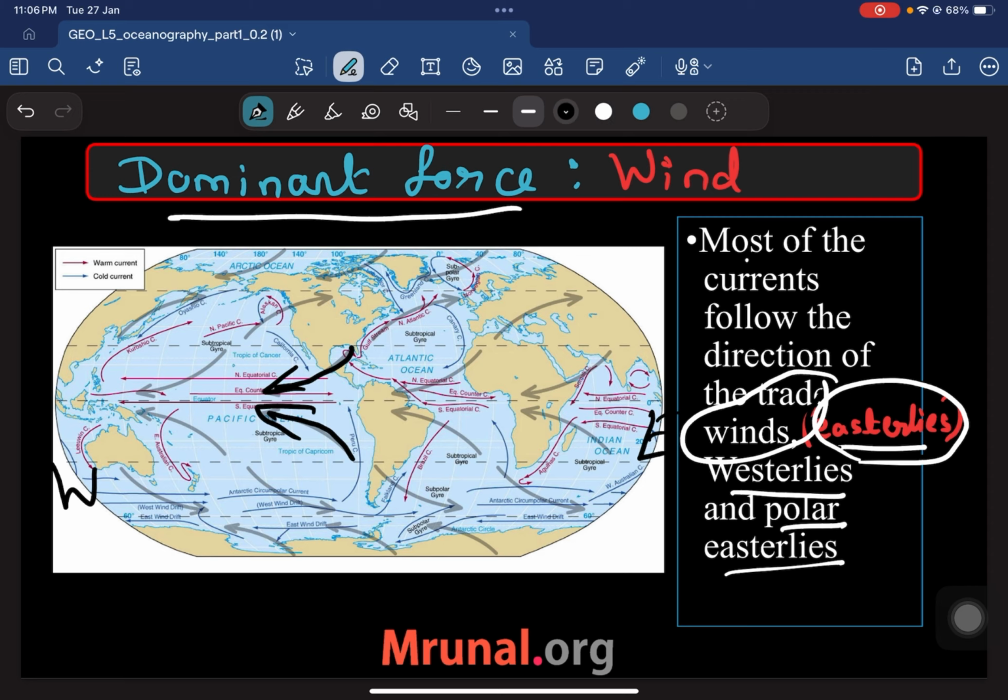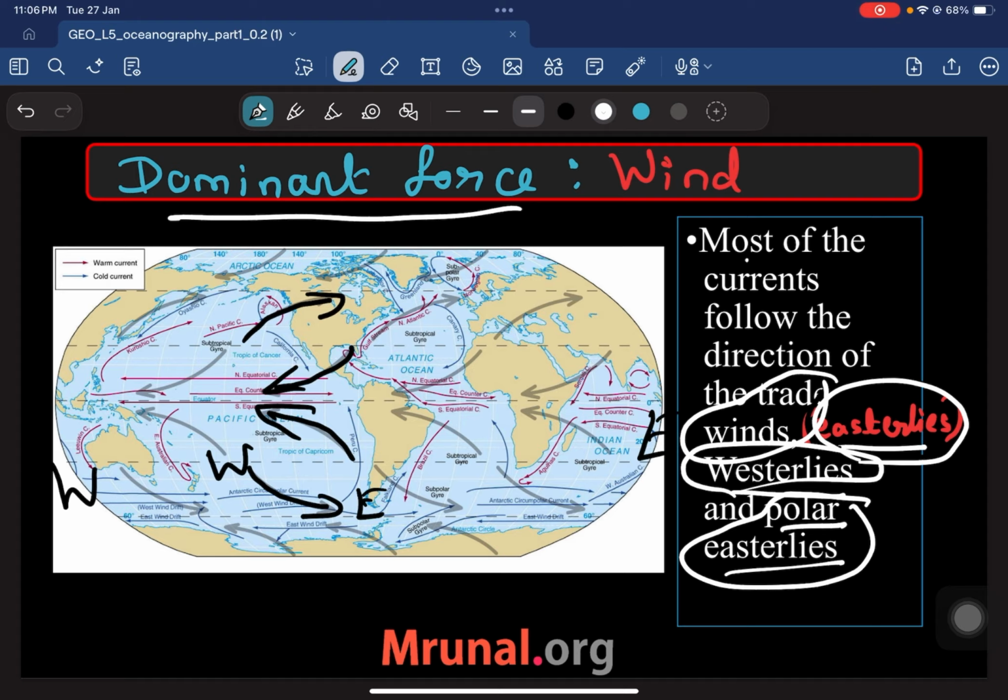If the winds are moving from west to east, like this is west, right? This is east. Then these winds are called westerlies. Polar easterlies means it's exactly the same as easterlies.